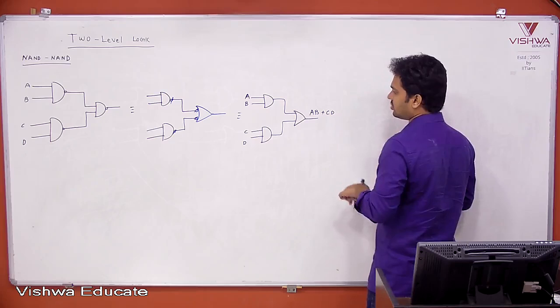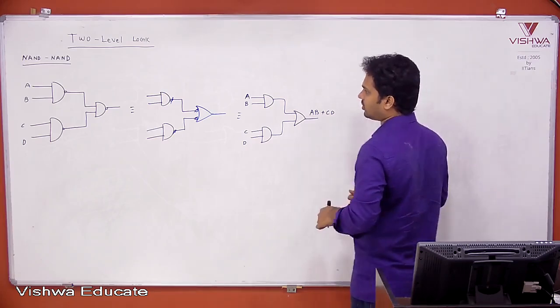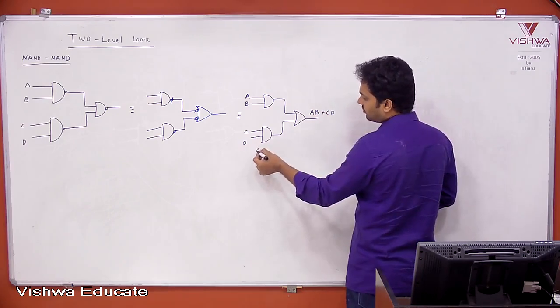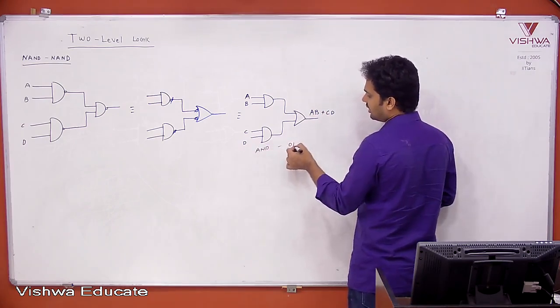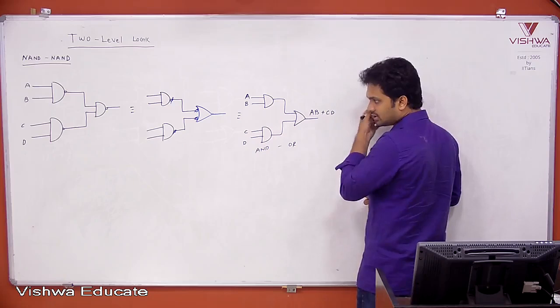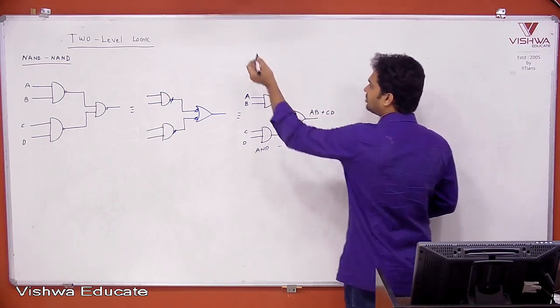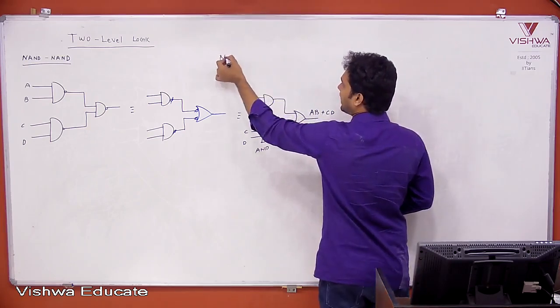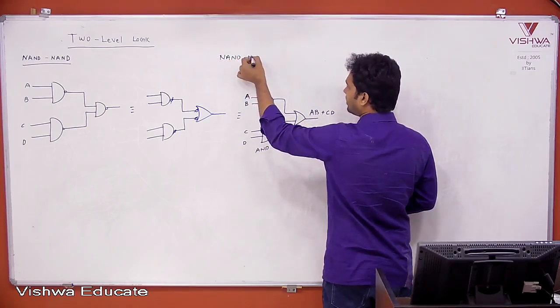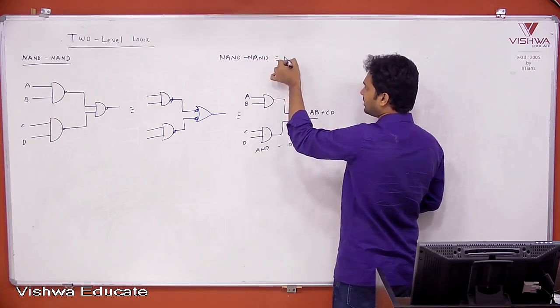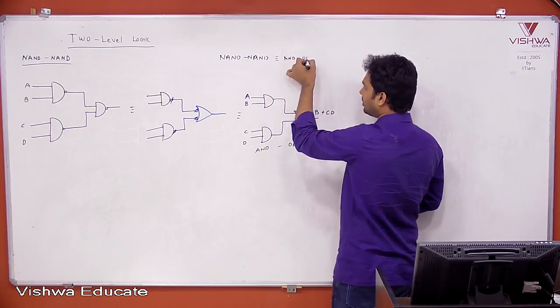Here, a very important condition you observe: we started with NAND followed by NAND, but what we ended with? AND followed by OR. So the important condition we should remember is, whenever you have NAND followed by another NAND, it is the same as AND followed by OR.